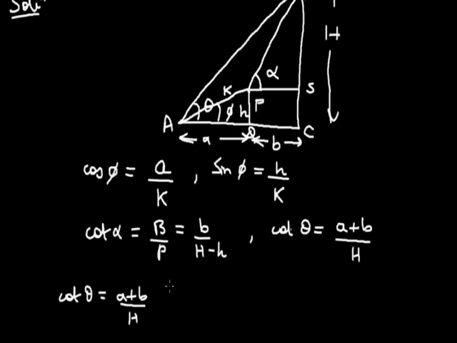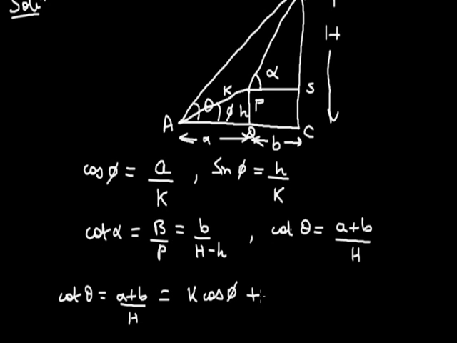From cos phi equal to a upon k, we get the value of a as k into cos phi. This is the value of a we got, plus b.